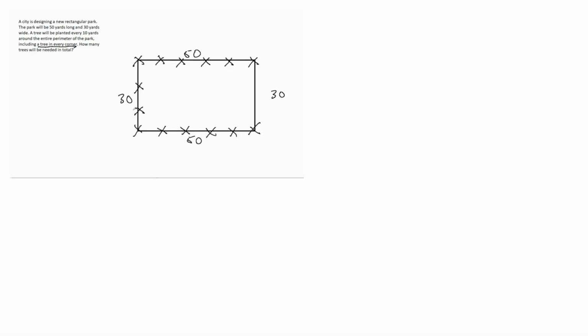So just like in the previous problem, there are 4 trees on this side, but these corner trees are shared. So now there's not really 20 total trees. There's 1, 2, 3, 4, 5, 6, 7, 8, 9, 10, 11, 12, 13, 14, 15, 16. There are 16 total trees.